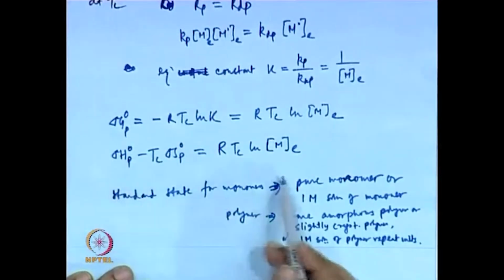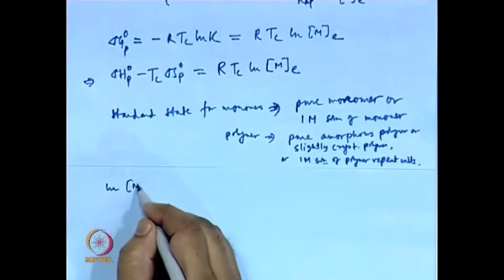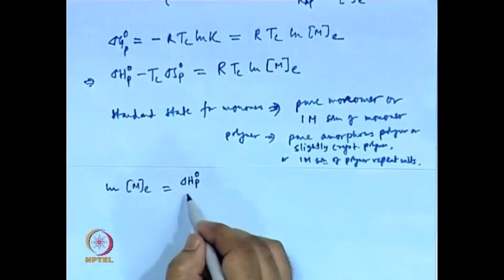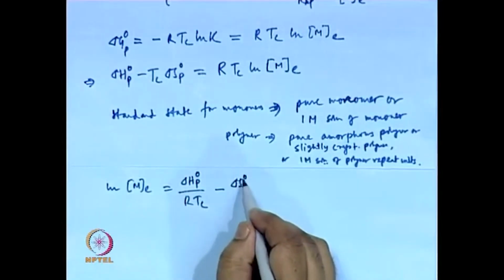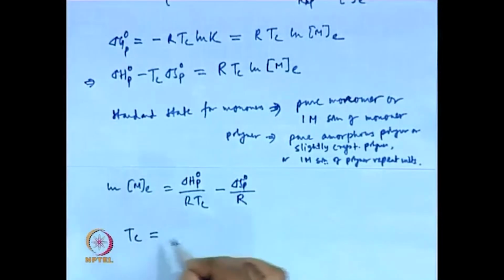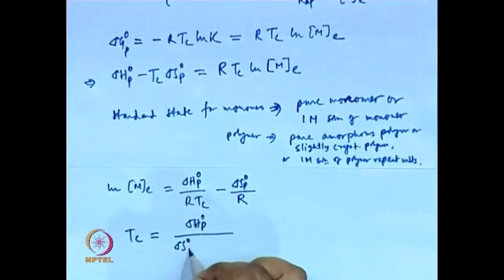Now, we look at this expression, and let us write from this expression thus ln Me is del H 0 P by R Tc minus del S 0 P by R. Similarly, we can write Tc is del H 0 P by (del S 0 P plus R ln Me).